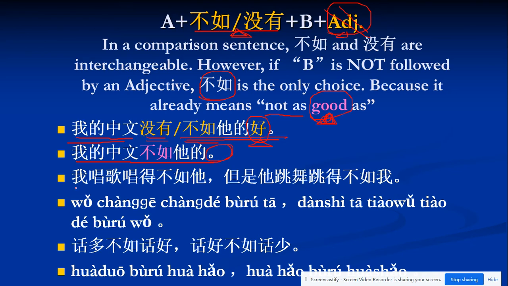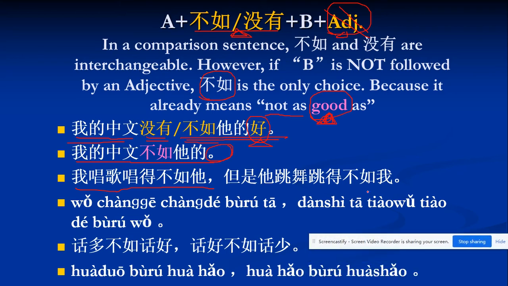More examples here. 我唱歌唱得不如他，但是他跳舞跳得不如我。You don't see the person using 没有 because there's no adjective here. 话多不如话好，话好不如话少。You don't see the adjective here. That's why we only use 不如, we don't use 没有.